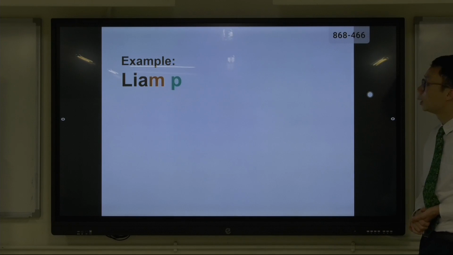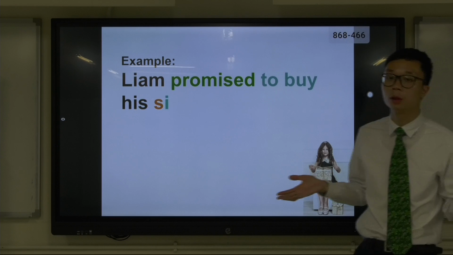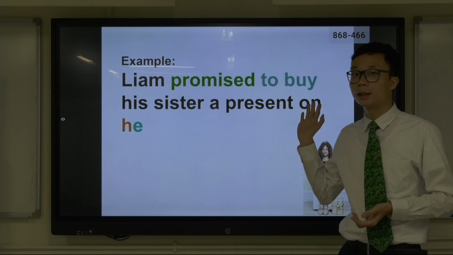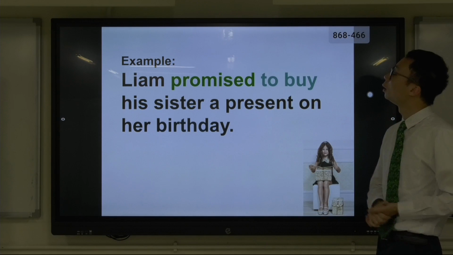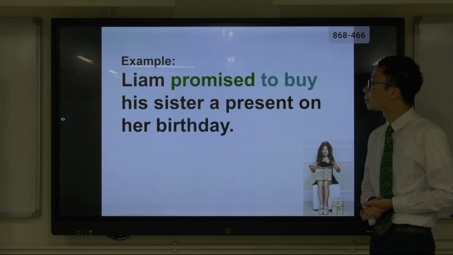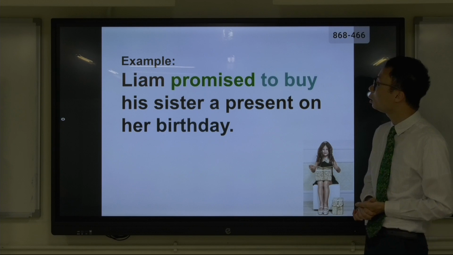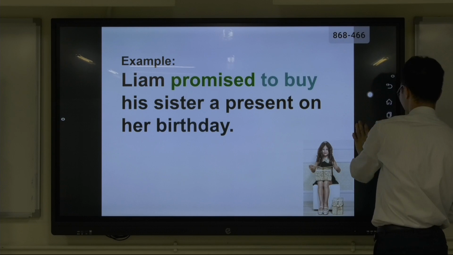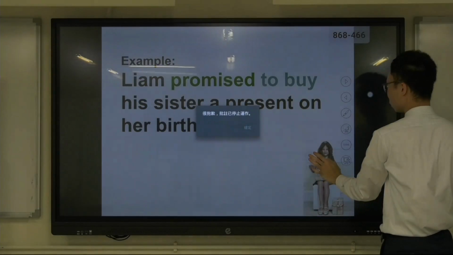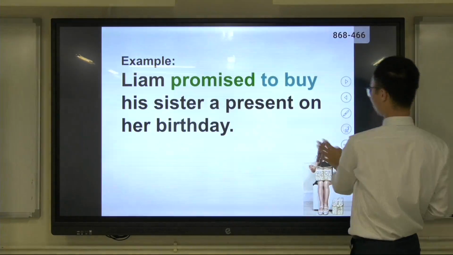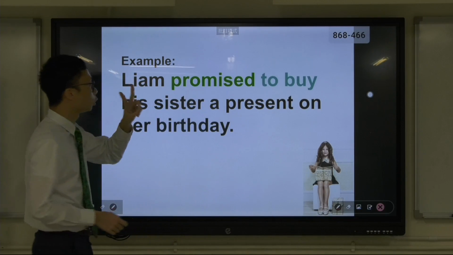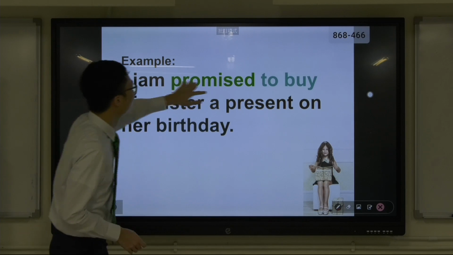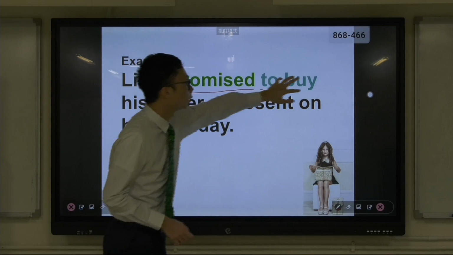An example. Since today is St. Patrick's Day, all the names in the examples will be in an Irish theme. Liam promised to buy his sister a present on her birthday. You see that there are two verbs in here: promise and to buy.